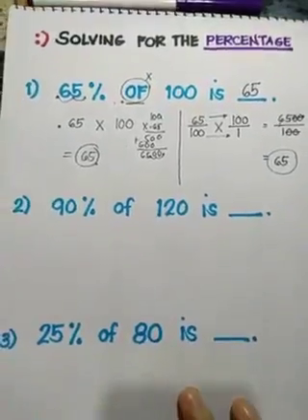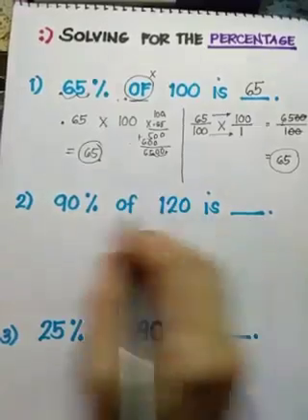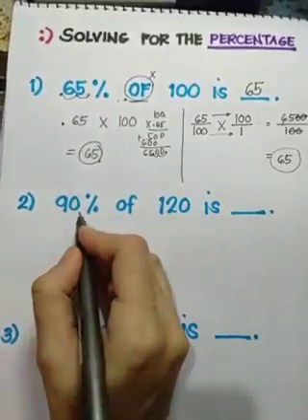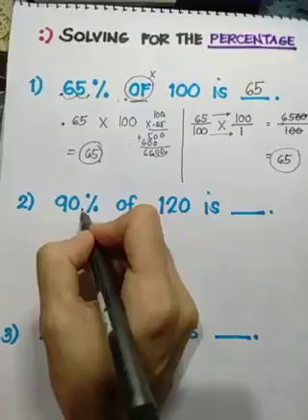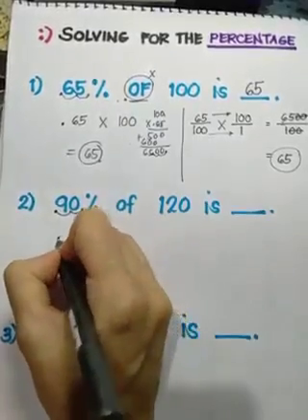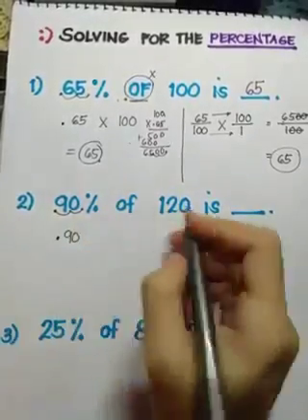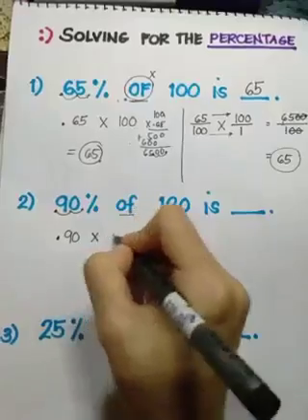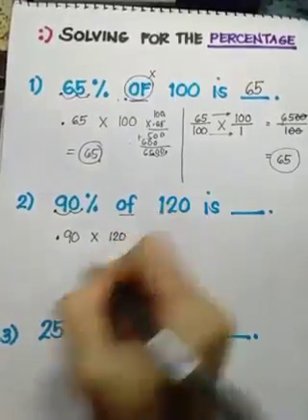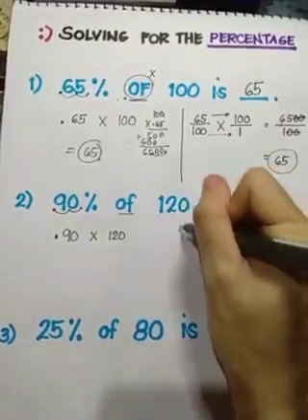Now let's try number 2. We have 90% of 120 is blank. We'll change it into decimal by moving two places to the left, so 1, 2. We'll have 0.90, or if you want to add 0, you can also do that. Of means multiply, so 0.90 times 120. Let's multiply that.